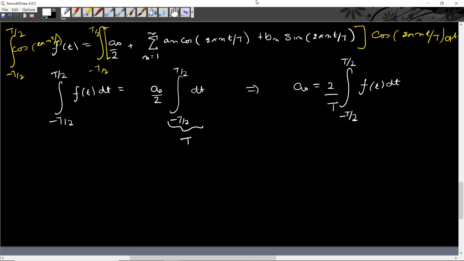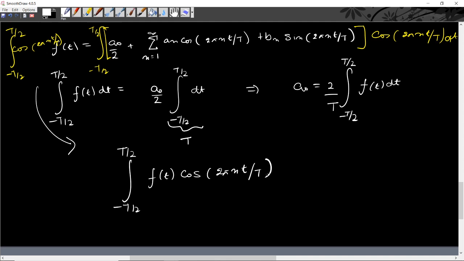Therefore, from the left hand side, we'll get the integral from minus T by 2 to T by 2 of f of t times cosine 2 pi n t over the time period capital T dt, and on the right hand side we'll just have one integral because all other integrals which have cross terms, for example products of sines and cosines, or cosines with other cosines but with different frequencies, will be zero.